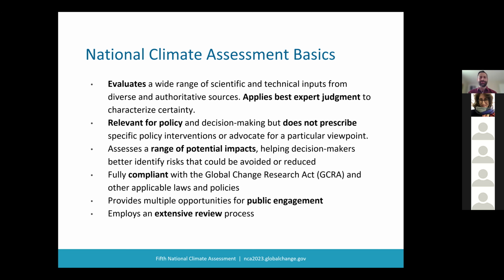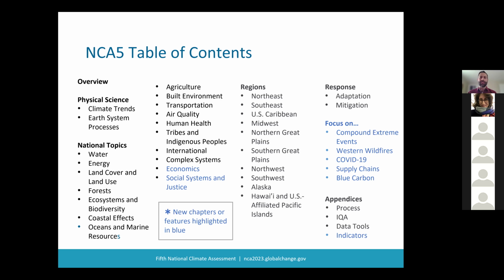Next slide, please. Let's take a look at the NCA5 table of contents. Like previous NCAs, NCA5 covers national level topics, regions, and response actions. The report opens with an overview, which is followed by 2 chapters dedicated to the physical science of climate change. Then there are the national topic chapters, the 10 regional chapters, and 2 response chapters, although response actions are discussed throughout the report.